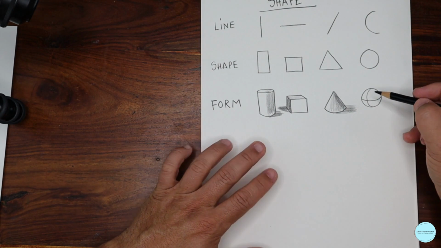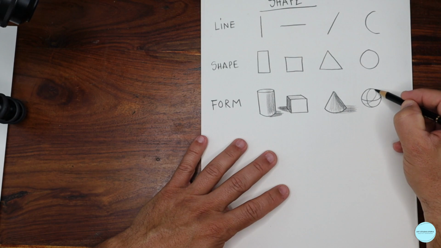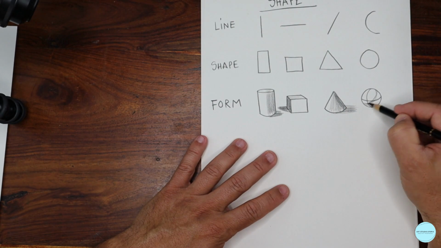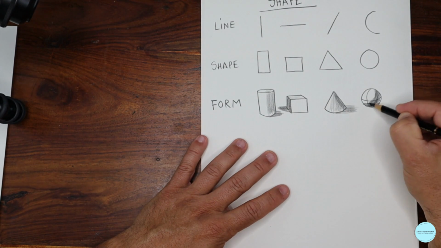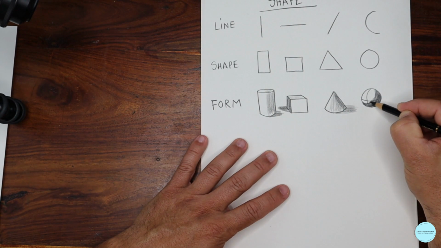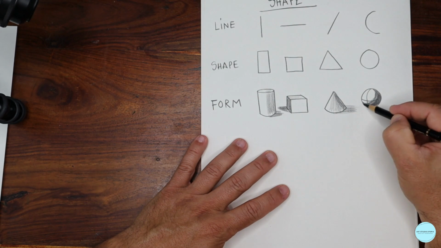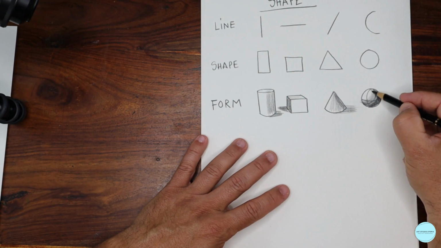But the thing I wanted to show you here is with this one, I'm just going to add lines to create light and shadow. I want to play a little bit with value too, which is another. And as we move forward with the elements of art, you go from line to shape to form to light, value. Value and light, pretty much what I'm doing here is shifting the values to create the illusion of light.